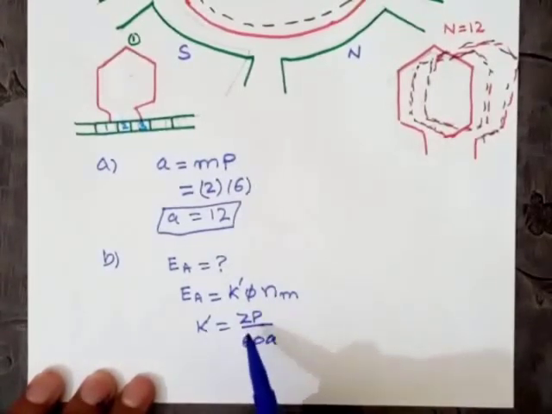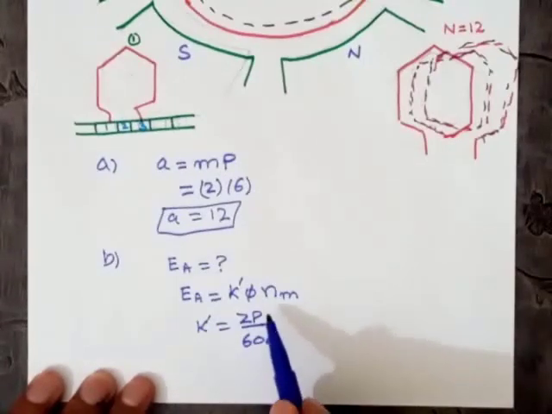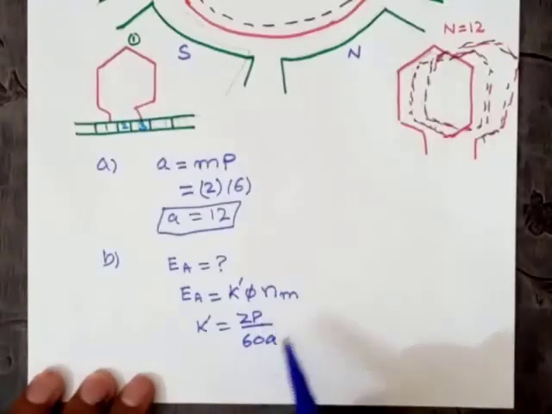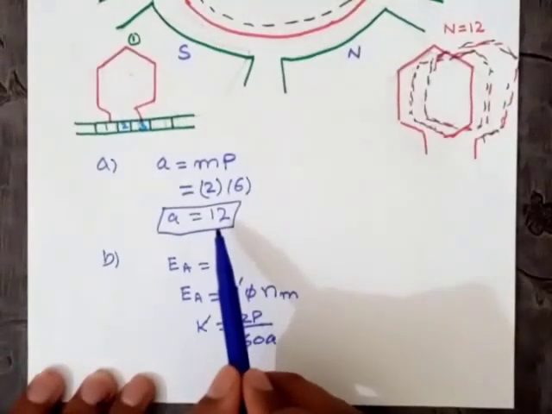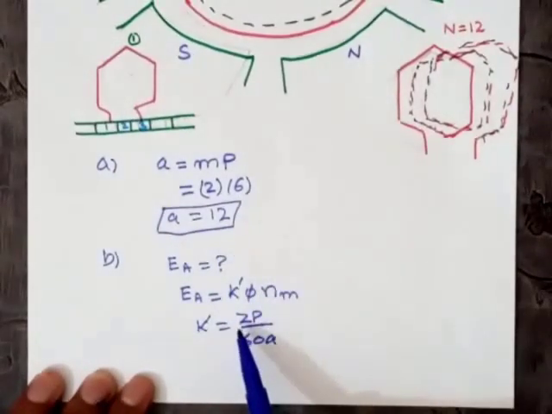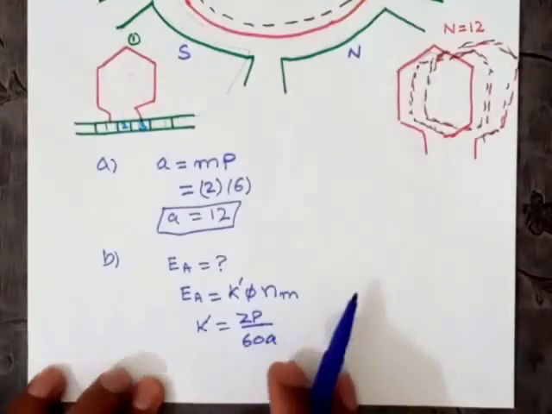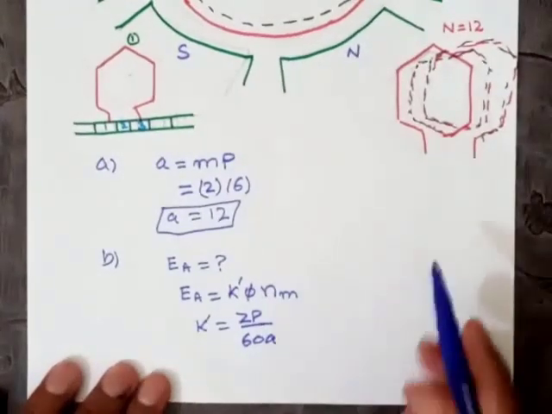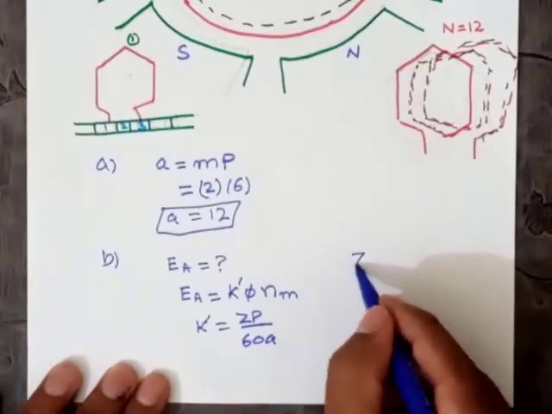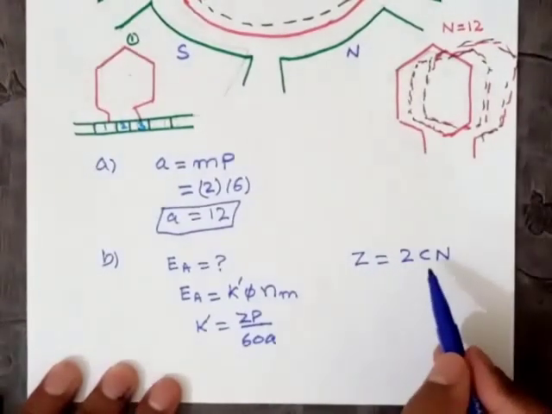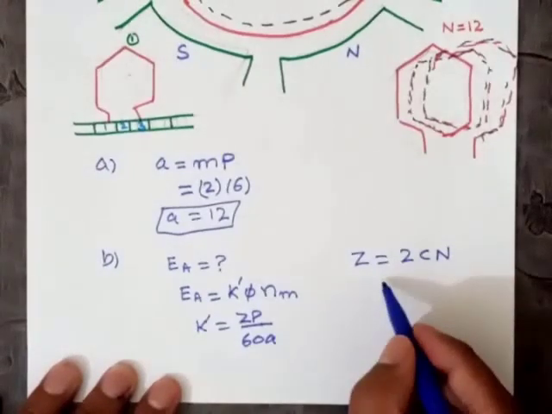The value of K dash is equal to ZP over 60A, and in this equation the number of poles are given 6, A, the total number of parallel paths, is 12, and Z is the total number of conductors. The total number of conductors we can calculate by using the formula Z is equal to 2CN, where C is the number of coils, N is the number of turns.